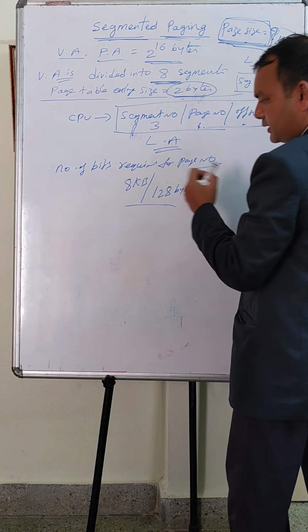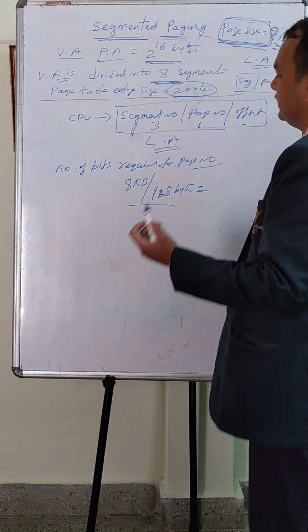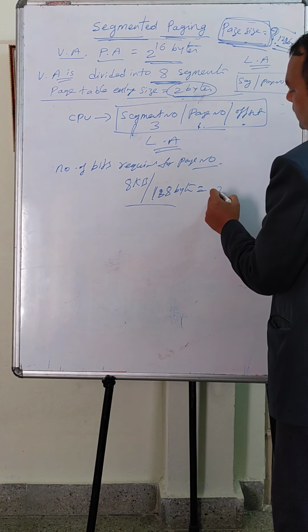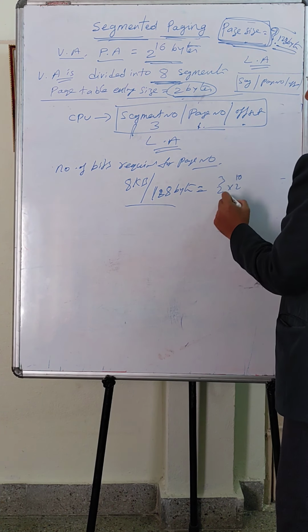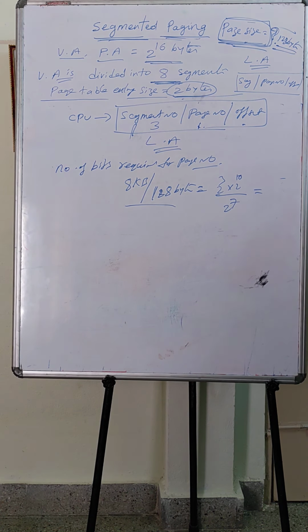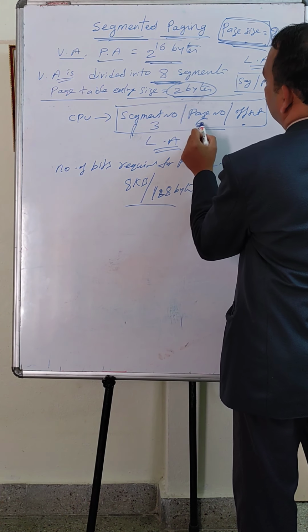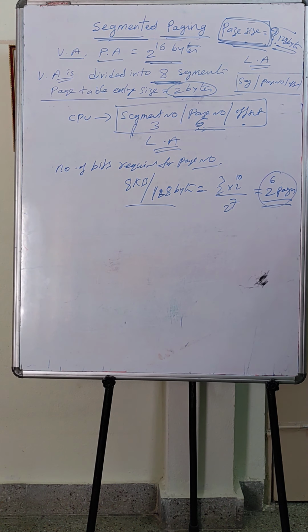The segment is divided into a number of pages. If we divide, 2 power 3 into 2 power 10 by 2 power 7, we get 2 power 6 pages. So how many bits do you need? 6 bits we need, my dear friends.